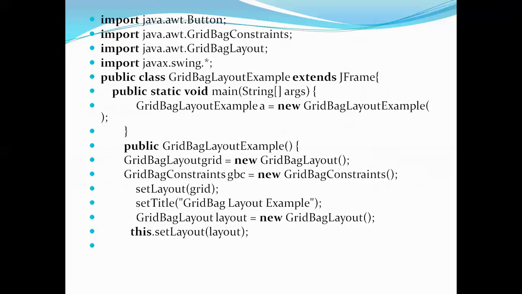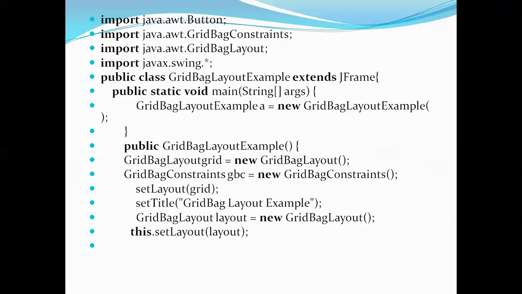So to arrange them in a particular order in grid bag layout, you should also use the grid bag constraint class. For that I'm creating an object for grid bag constraint, and that object is GBC. We are going to use GBC everywhere now. So GBC is an object of the grid bag constraint class.